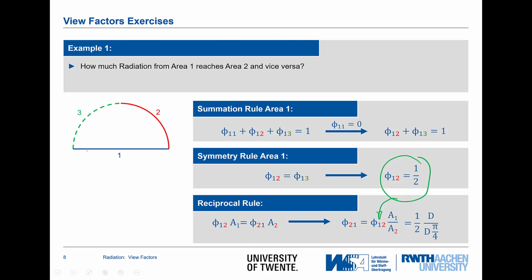A1 we just call by the diameter, and this is half of a semicircle, so this is pi times d divided by 4, a quarter of a circle. And so phi 2 to 1 is 2 over pi.